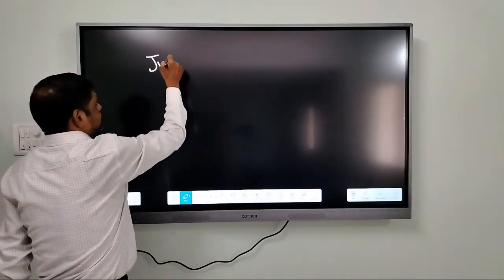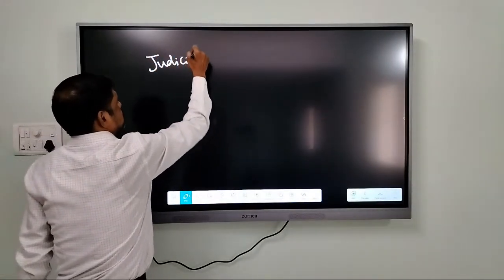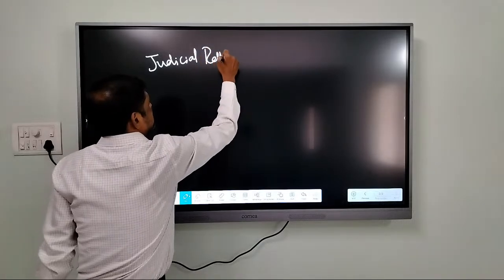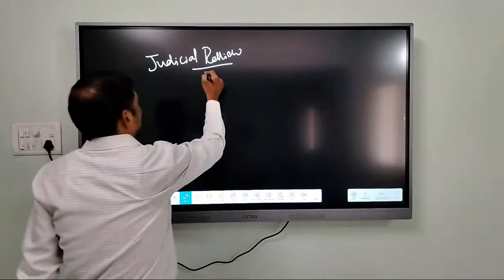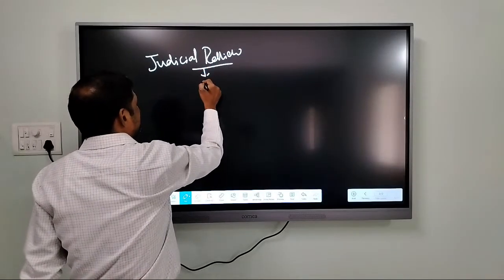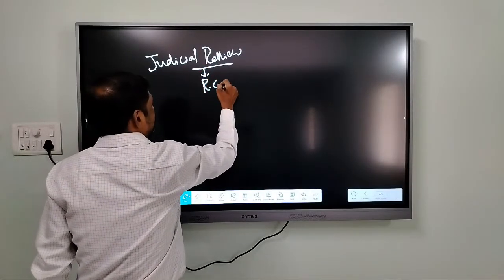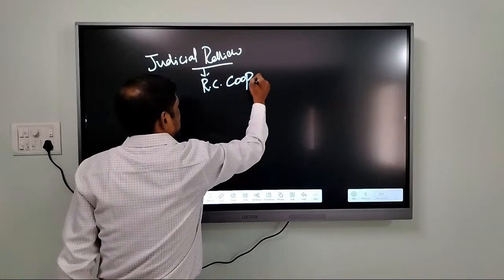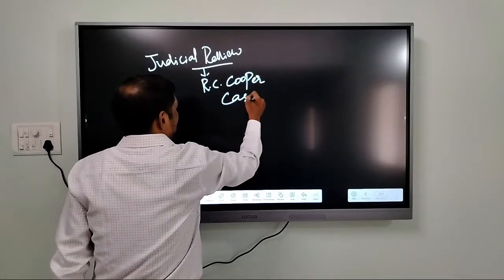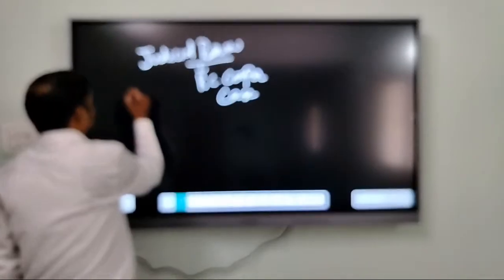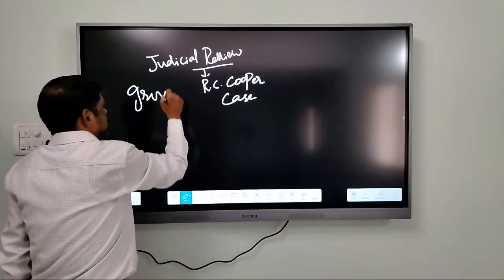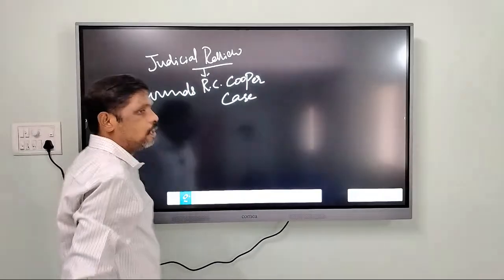Alright, so there will be judicial review. This is clearly said by the Supreme Court in R.C. Cooper's case, which dealt with judicial review of the grounds for issuing the ordinance.